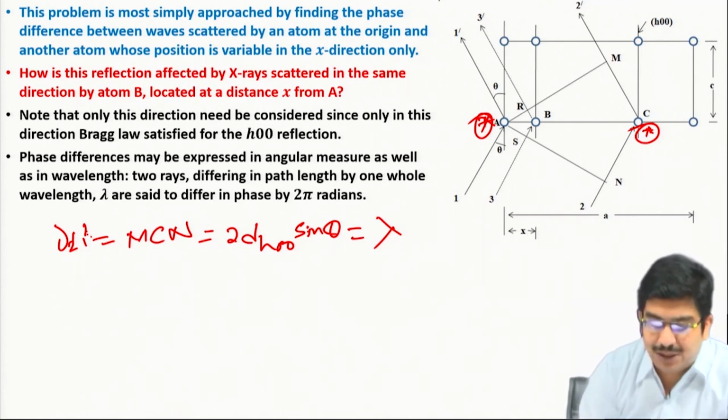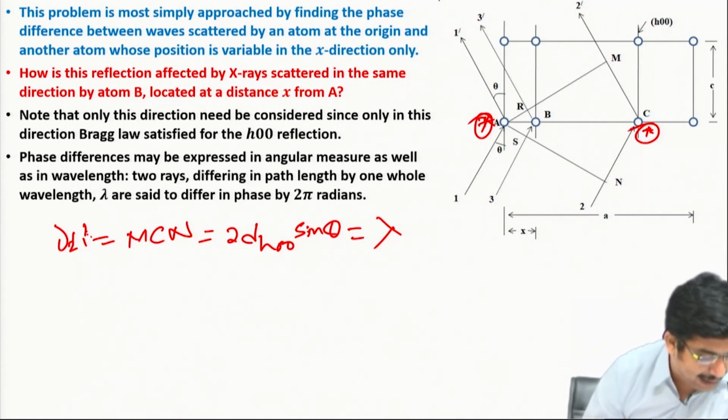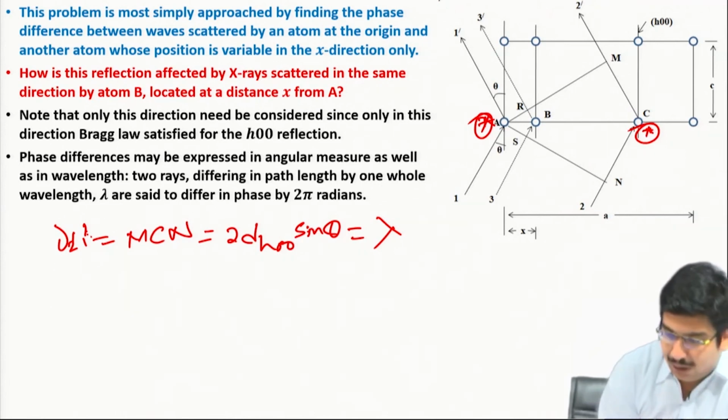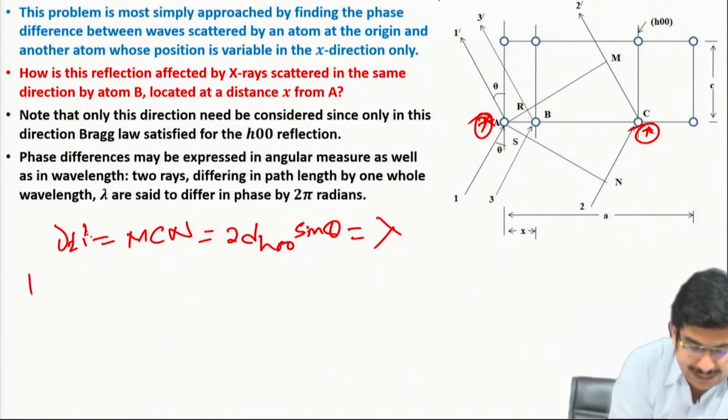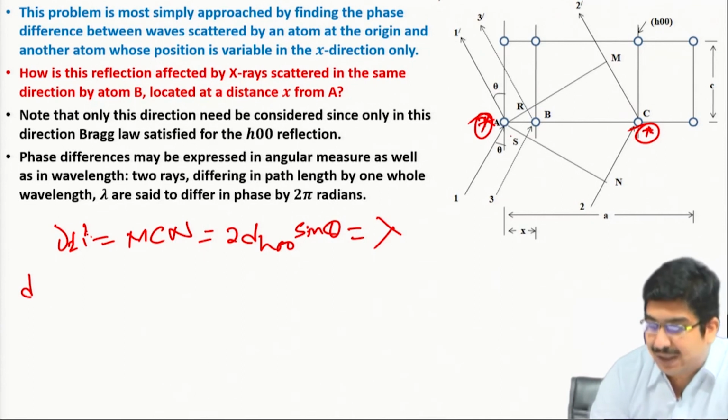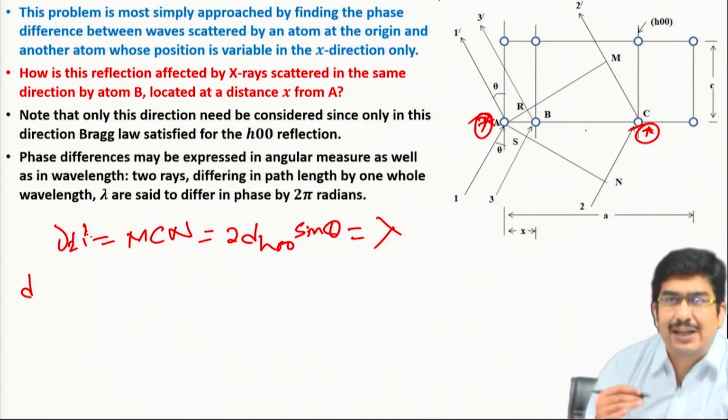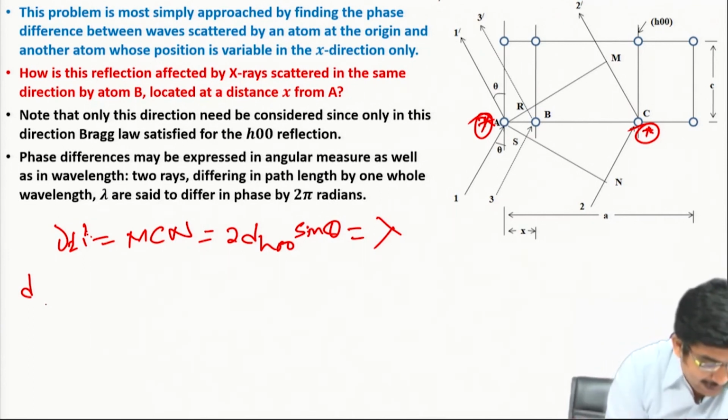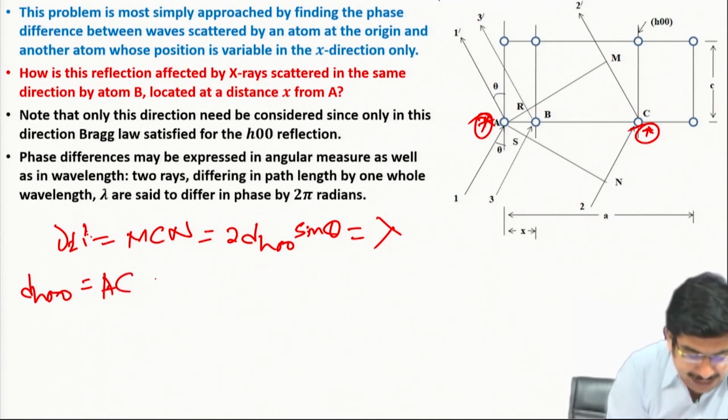So this kind of expression I can very safely write here, and I can also see that d, the distance between these atomic planes or interplanar spacing, d_h00, from this construction I can write as AC, which is again a by h.